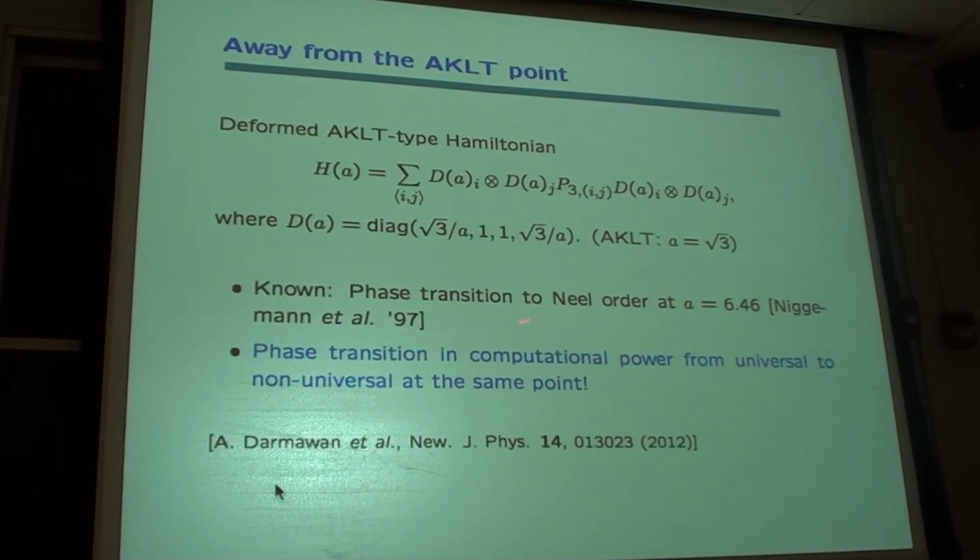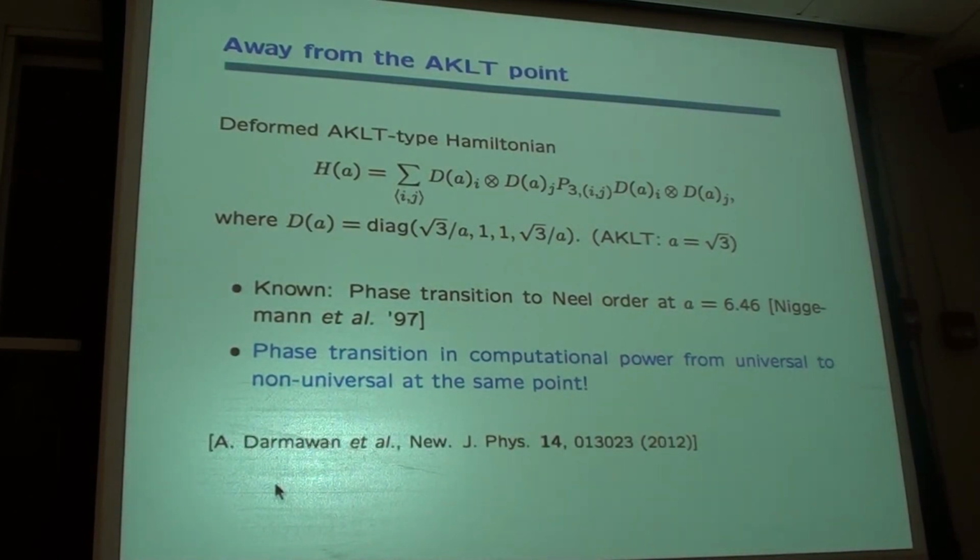It turns out that in both cases there are phase transitions. As you make the symmetry breaking stronger, there is a point at which you transition from this order, where the AKLT point is, to so-called Néel order, where neighboring spins are anti-aligned. With regard to the computational phase transition, you are undergoing a transition from universality to no computational power.